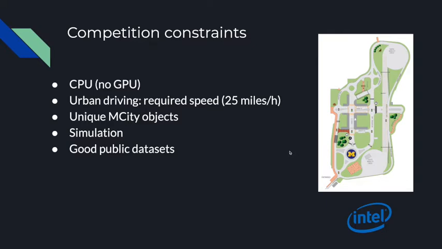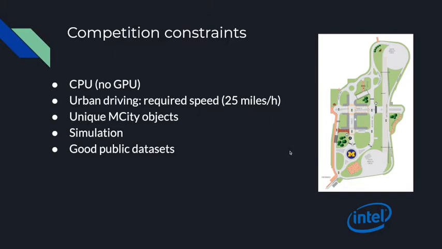In terms of driving in the map, we need to hit a required speed, and the maximum speed that we use is 25 miles per hour, which is a constraint on the detection speed that we need to reach.